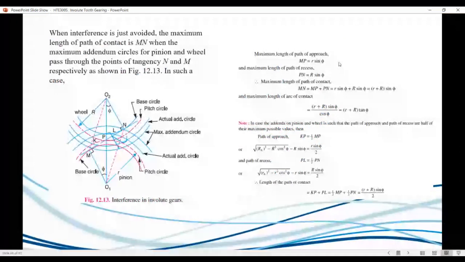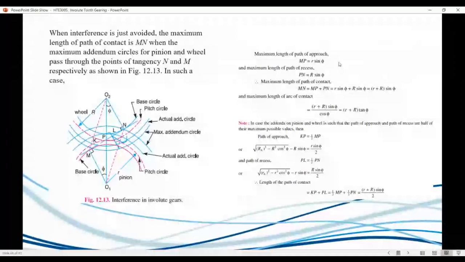Anyway, based on that, what they have developed is the maximum length of path of approach and the maximum path of recess. In the case of an addendum, a pinion and a wheel, the path of approach and the path of recess are basically half their possible value.